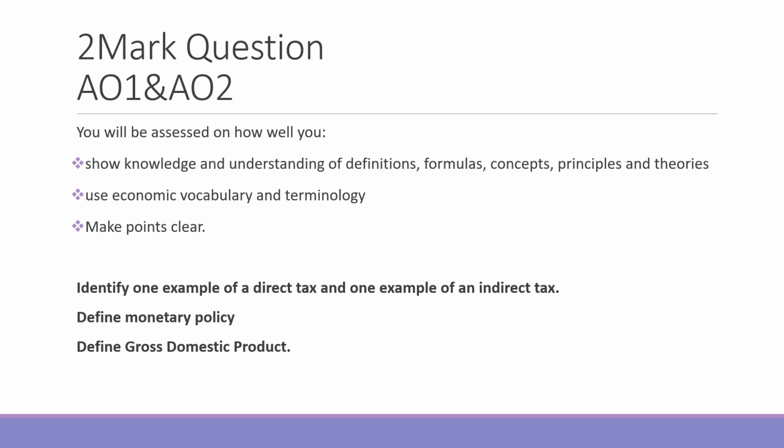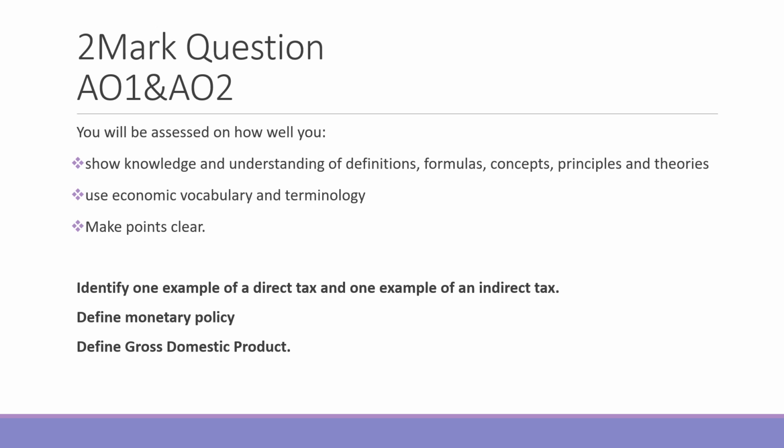For example, here students have to show knowledge and understanding of definitions, formulas, concepts, principles or theories. Use economic vocabulary and terminology. That is the most important factor. Use economic vocabulary and terminology. Make the points clear.